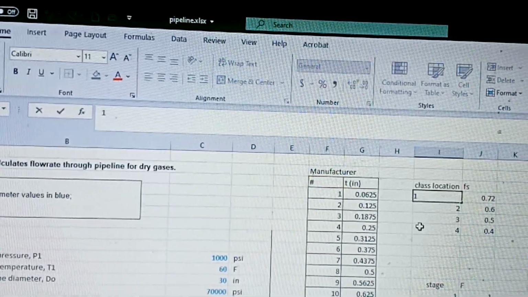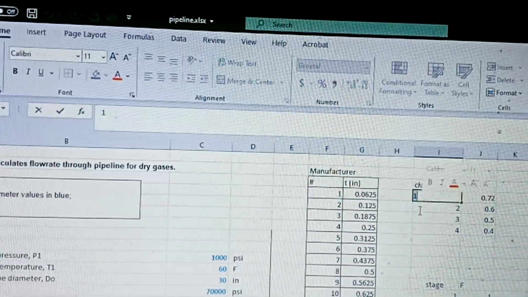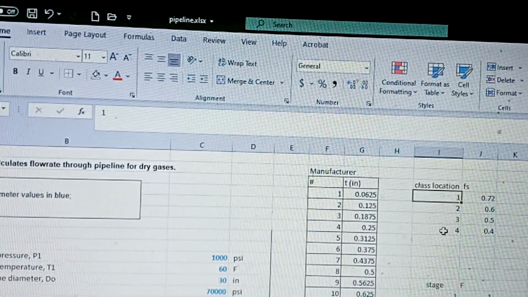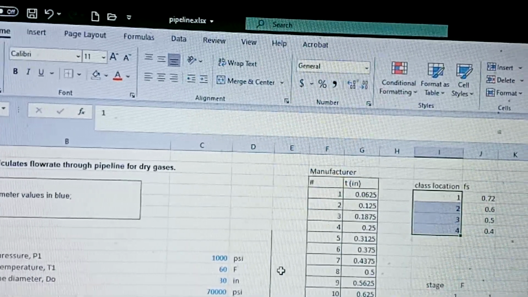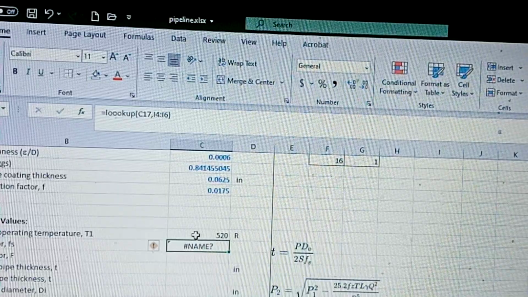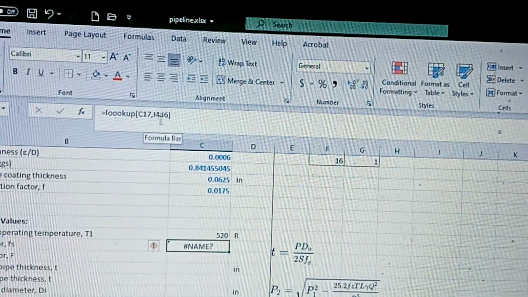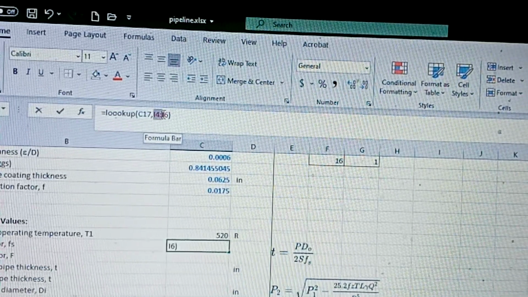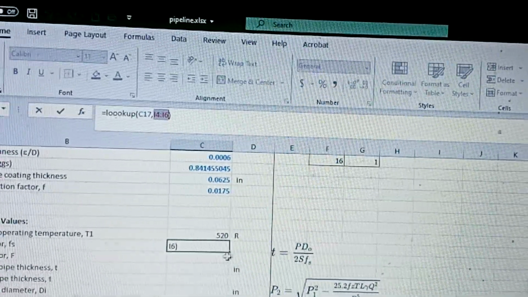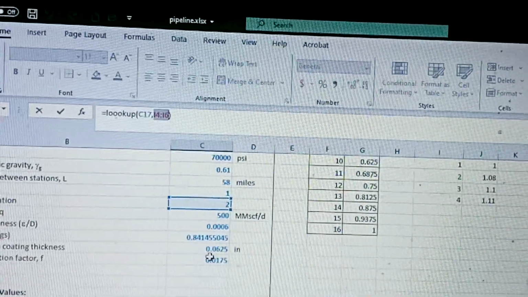My mouse is always misbehaving. So I have to start over again. Where is it? I'm reading C17. That's what I'm reading.